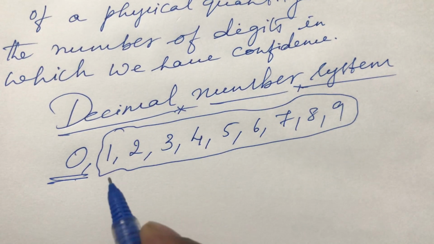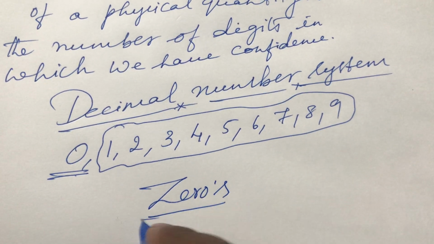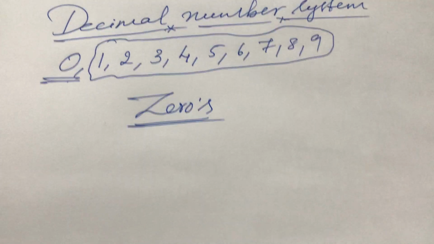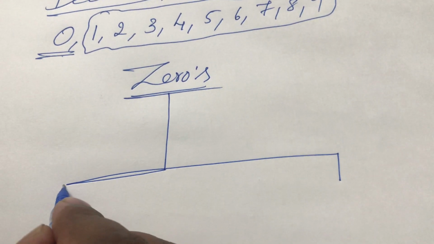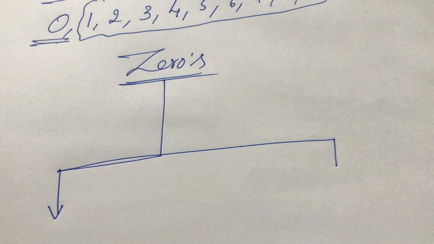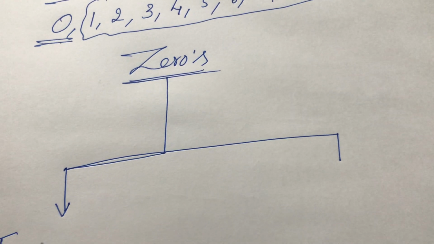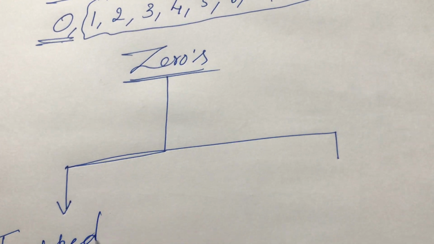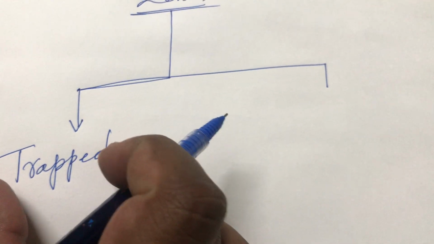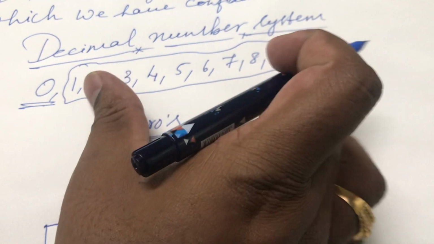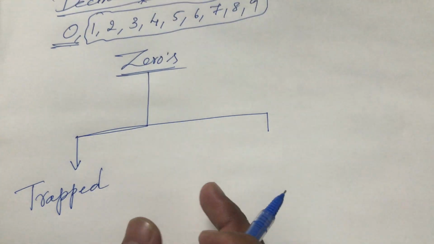Now come to the zeros. We have to make rules here. The first one is trapped zeros. Whenever you see zeros trapped between any of these numbers, consider them significant.